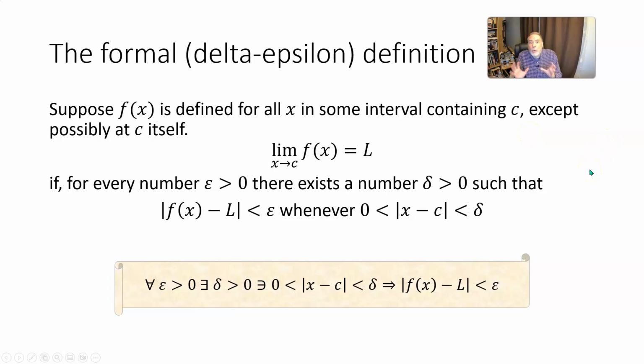And if you want to get really mathematical and really concise, this definition can be written in all symbols. You can use symbols for all these words and write it like this.